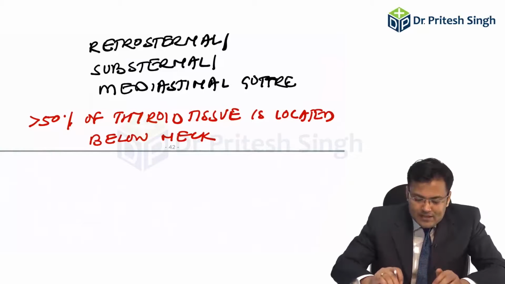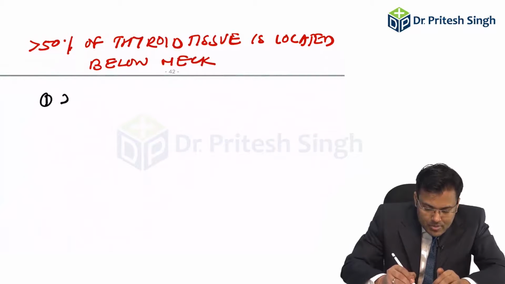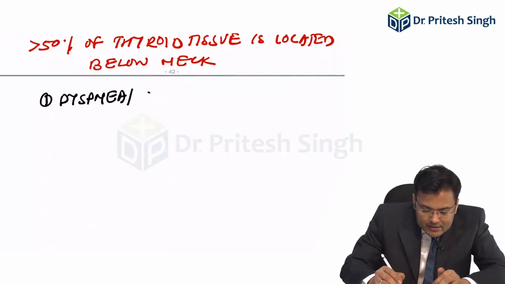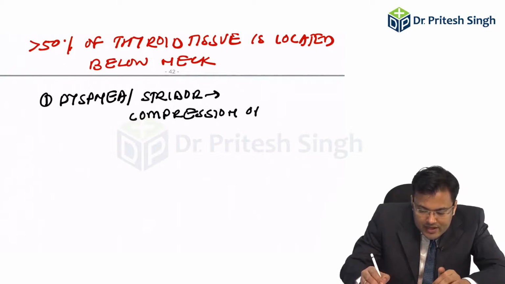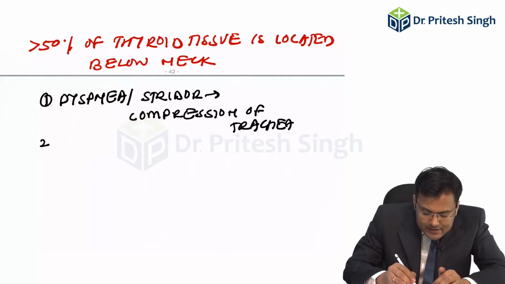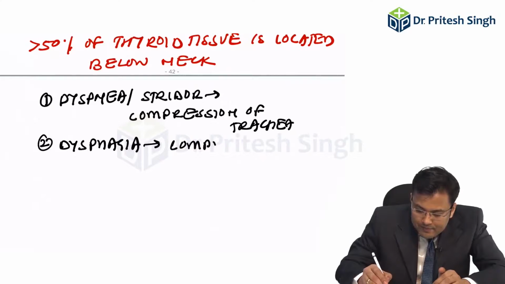So what are the manifestations in severe cases? First, dyspnea and stridor due to compression of trachea. Second, dysphagia due to compression of esophagus.